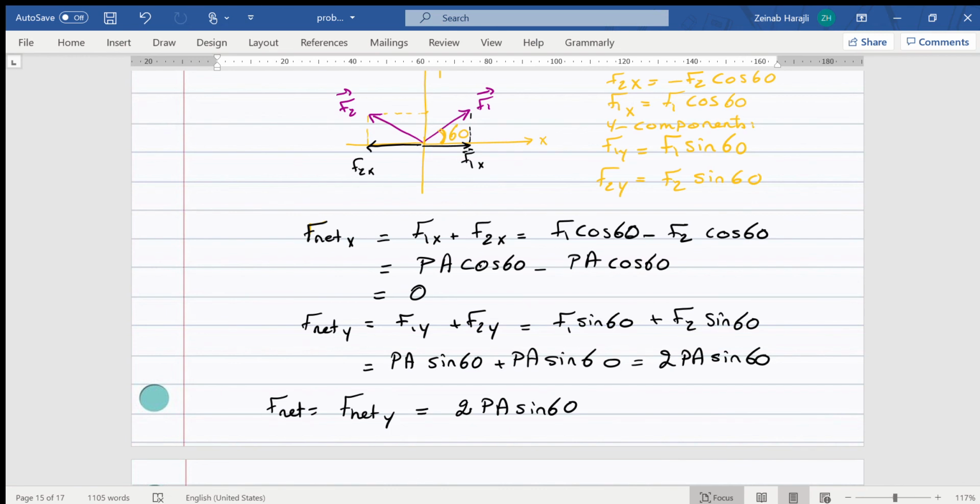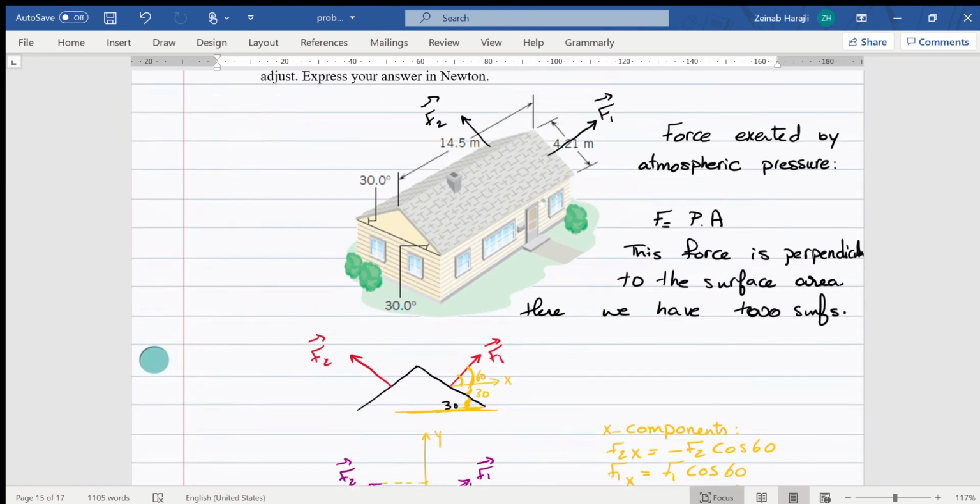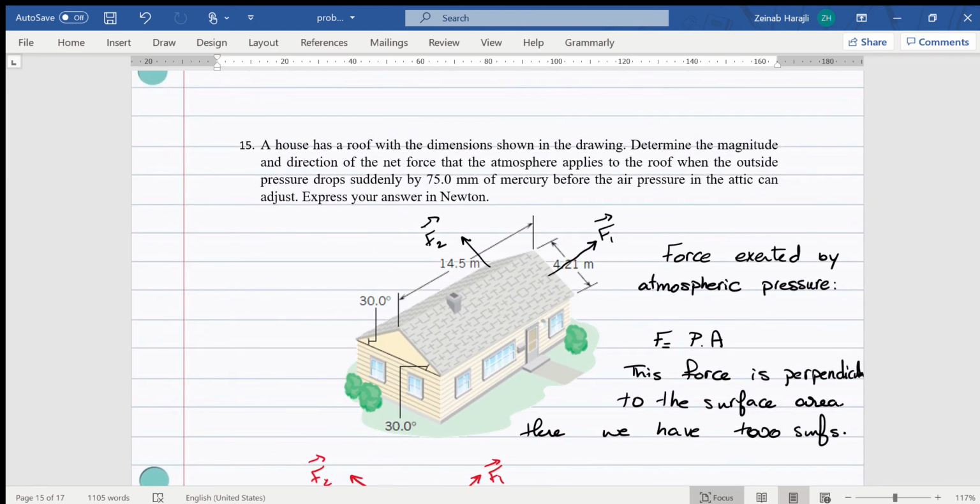Now all we have to do is just substitute the values, so we can calculate the area, we can write down the pressure. We are told that the pressure outside drops by 75 millimeters of mercury. We can find this in Pascal first because we want the force in newtons, obviously. So remember that 1 Pascal is equal to 7.5 times 10 power minus 3 millimeters Hg.